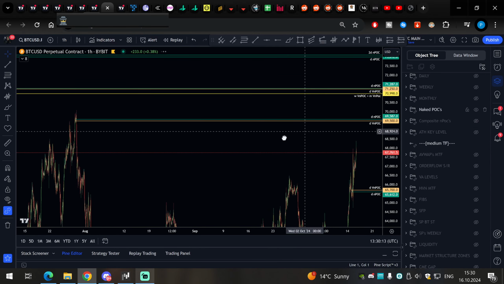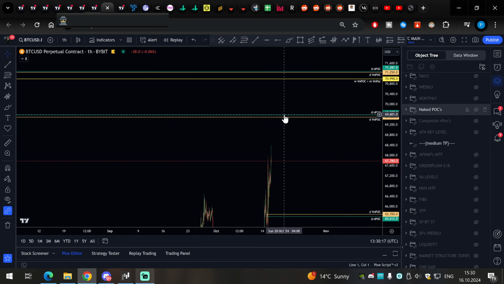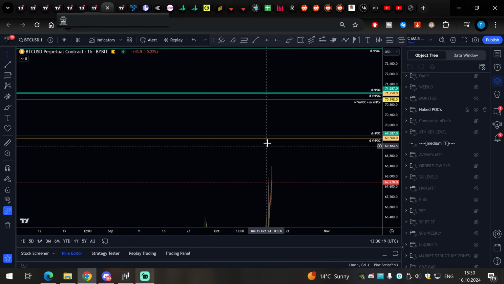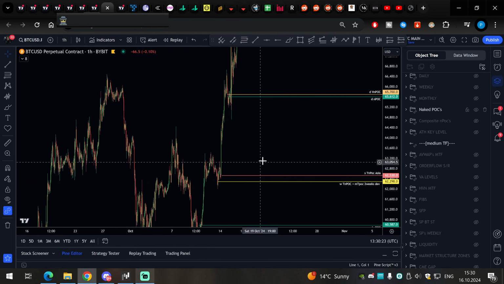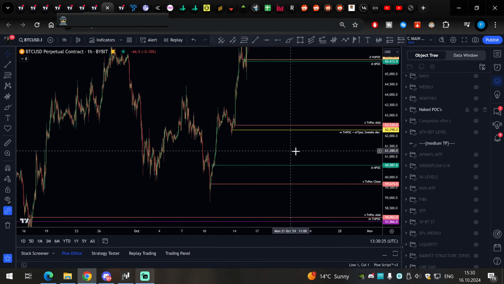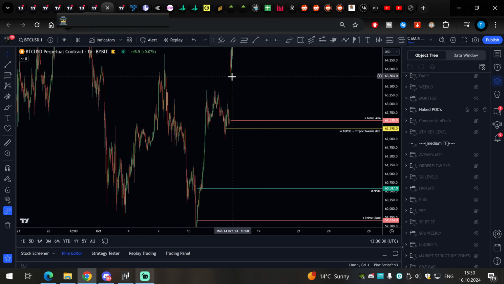These are the naked points of control we will watch above us and below us. You can have a look. Not many resistances above us, from these 1, 2, 3 regions, but below us we are building some nice supports. This is going to be interesting when you stop out these breakout traders, but you will arrive into the weekly naked.